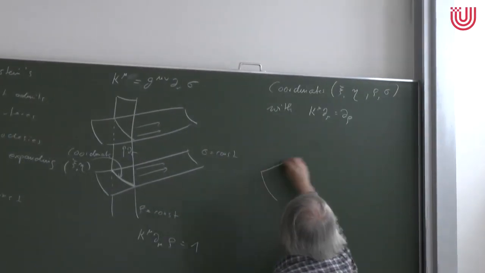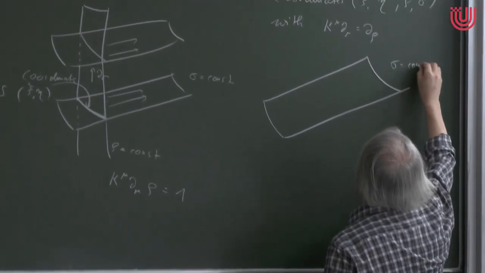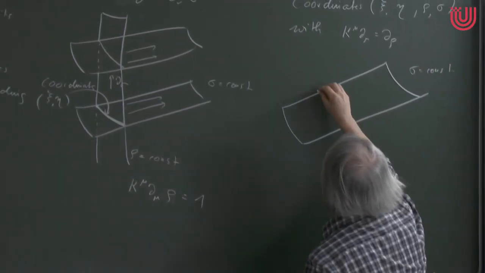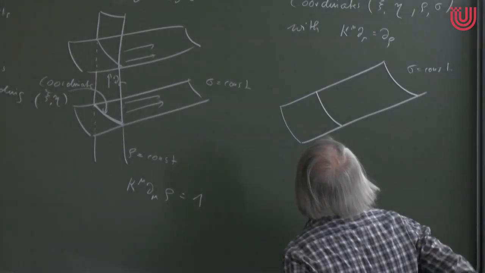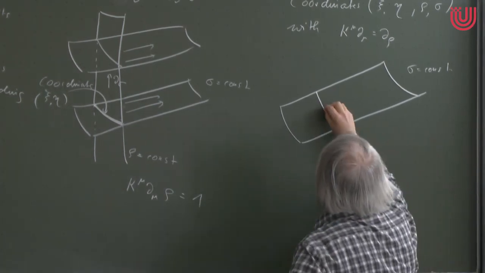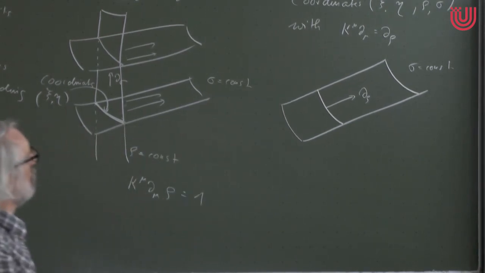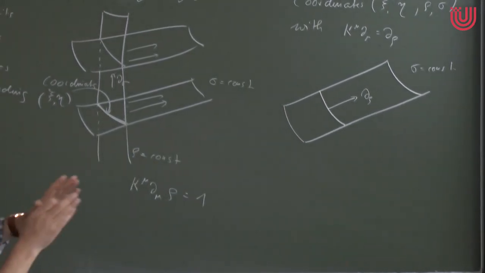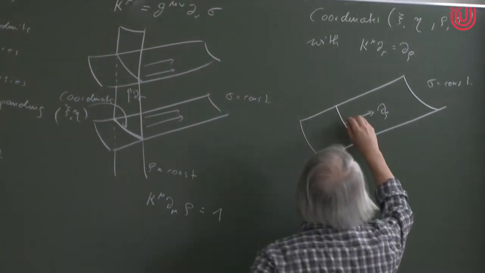So we have here, this is one of these hypersurfaces. Here is this two-dimensional section of this three-dimensional hypersurface. And then we have d by d rho in this direction. Yeah? D by d rho is a vector field which has the generators of these surfaces as integral curves.